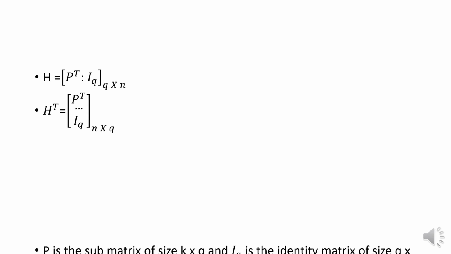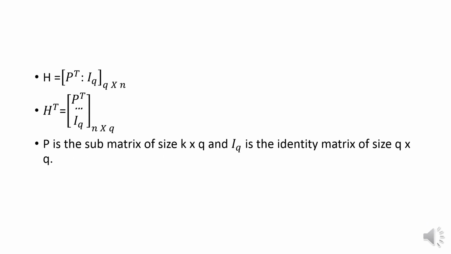The transpose of this matrix can be obtained by interchanging the rows and columns, that is, H transpose will be equal to P stacked over I_q, of size n cross q. Here P is the submatrix of size k cross q and I_q is the identity matrix of size q cross q.